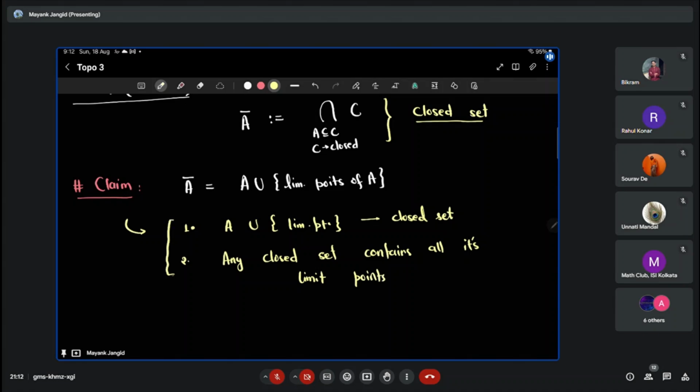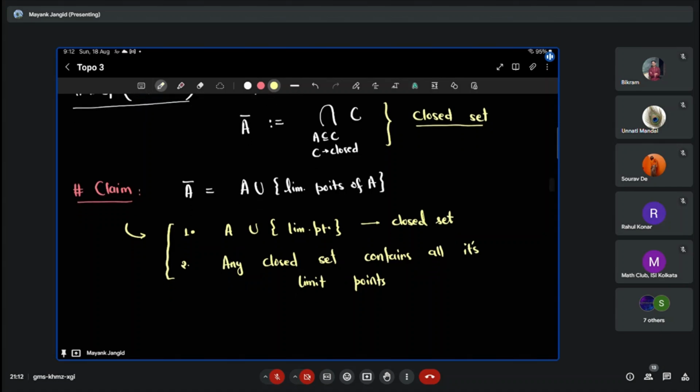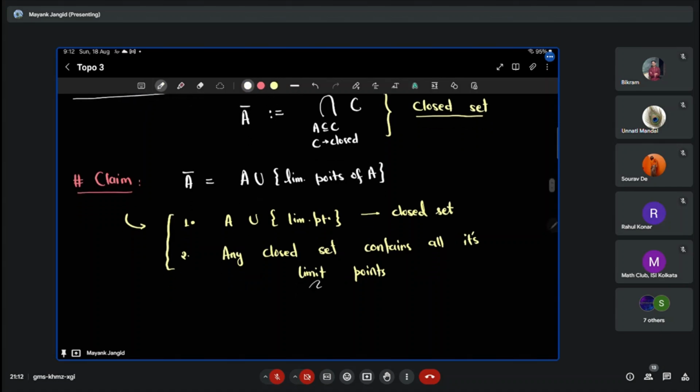These two things are not difficult to show, and if you show these things, then from the definition of the closure of a set, these two sets become equal, because A union limit points of A is a closed set, and each closed set containing A contains the limit points of A. So I want you all to complete this proof.